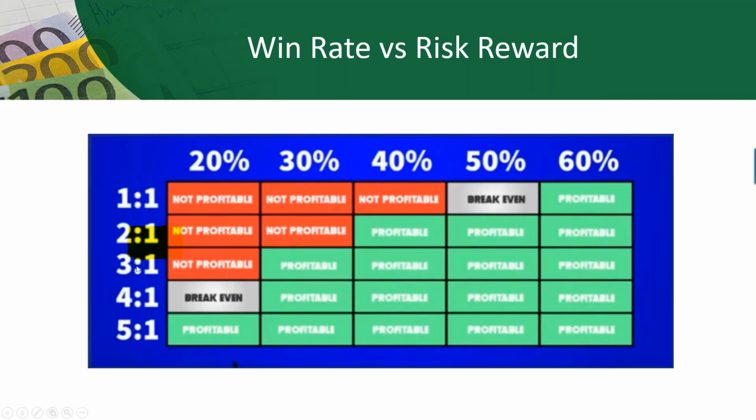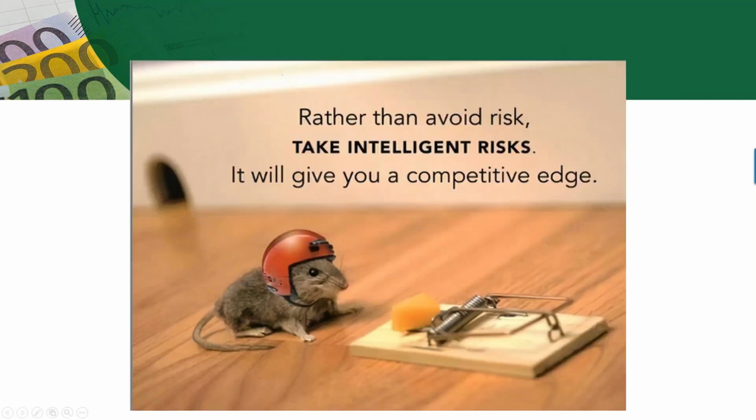Well, I showed you my trade journal. I'm about over 3-to-1, so I'm not concerned because I'm over 70% profitable. So that's why I'm making money. Follow me? So rather than avoid risk, take intelligent risk. And this will give you that edge that you need.